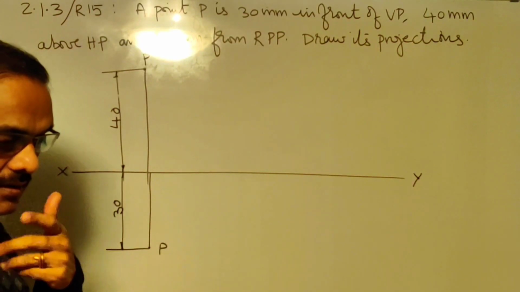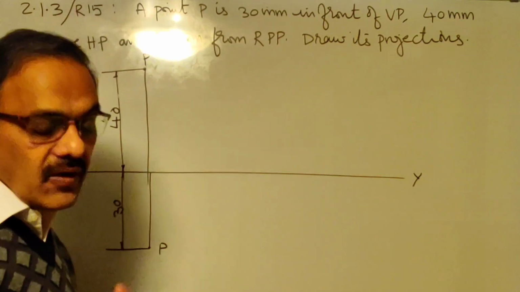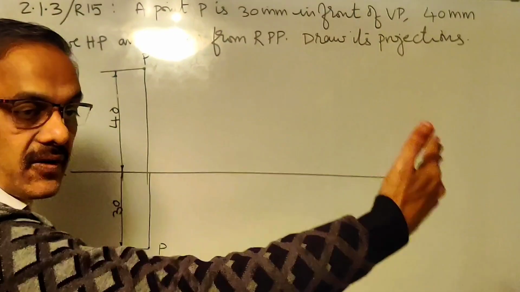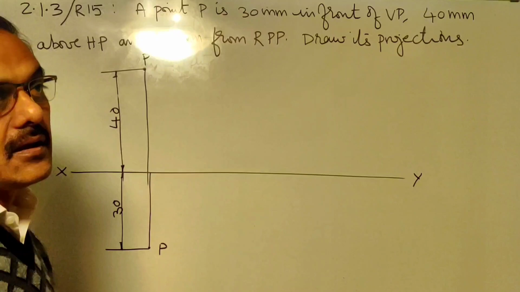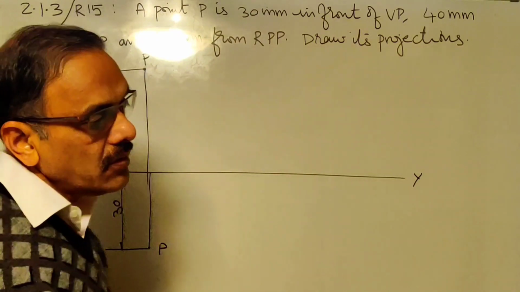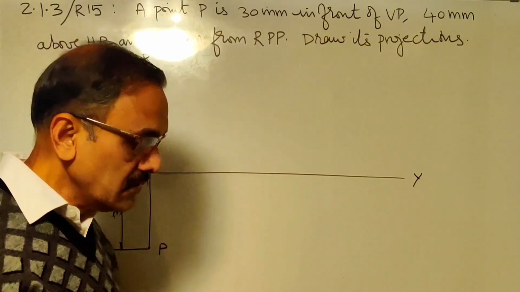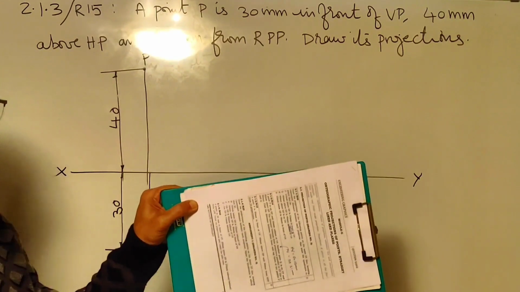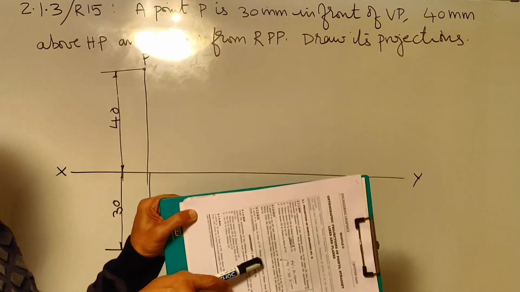When you are given the position of the profile view, the distance may be given either from the right profile plane or from the left profile plane. Now, when it is a VP, we use the terms with reference to VP. If this is a vertical plane, we use the terms in front of VP, behind VP and on VP.